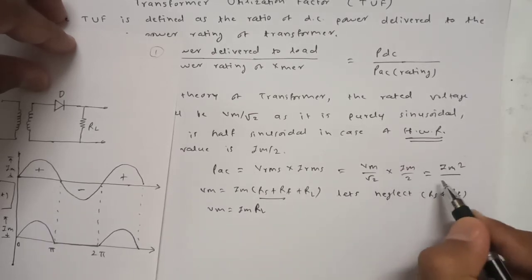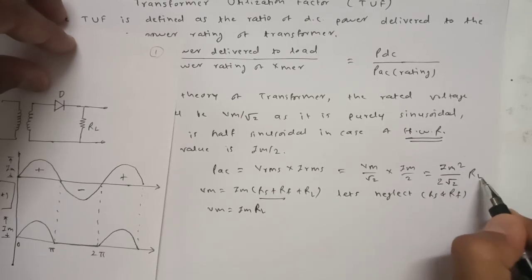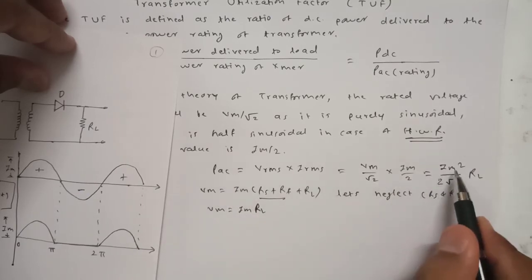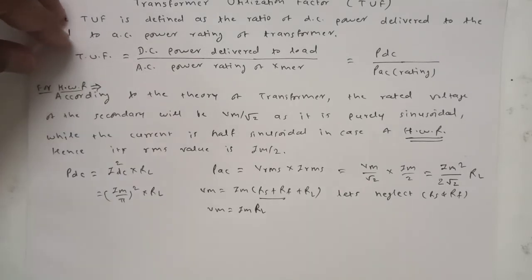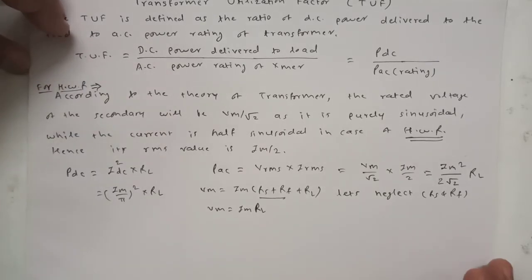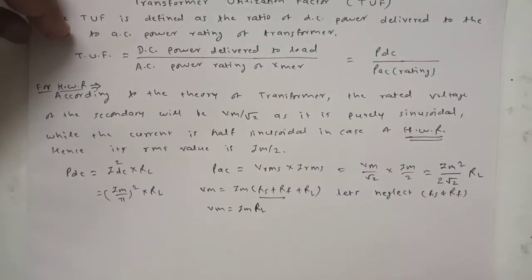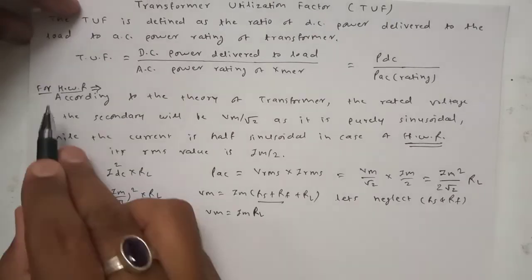First this 2 into root 2, that is 2 under root 2, and it is RL. Is it okay now? So the PAC is Im square divided by 2 root 2 into RL, right? So after this we can directly put all these values here, where after solving completely we will be getting the equation for transformer utilization factor of the half wave rectifier.